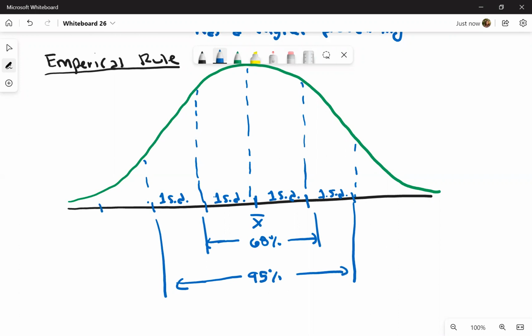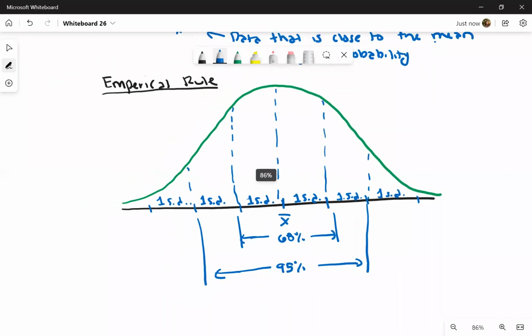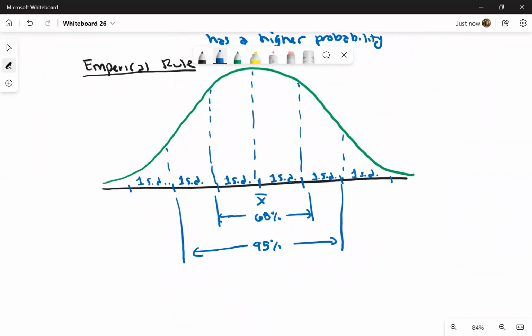And if you go one more, as you can guess, we're going to get almost all of the data at this point. One more standard deviation. Here, I'm going to zoom out a little just to give myself some space so we can see the big picture. That represents 99.7% of all of the data. All right. Are within 3 standard deviations of the mean. That is the empirical rule.